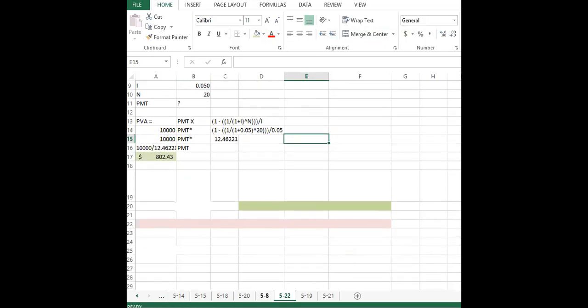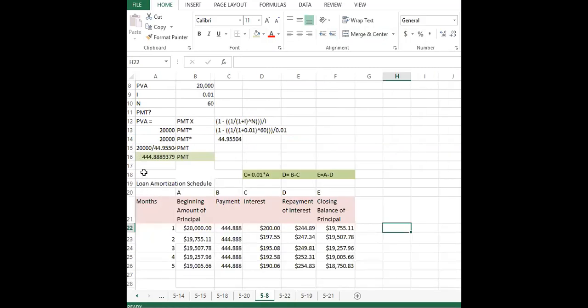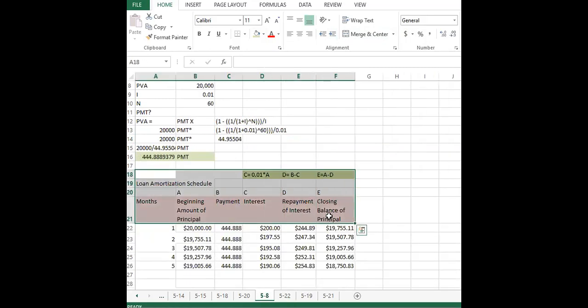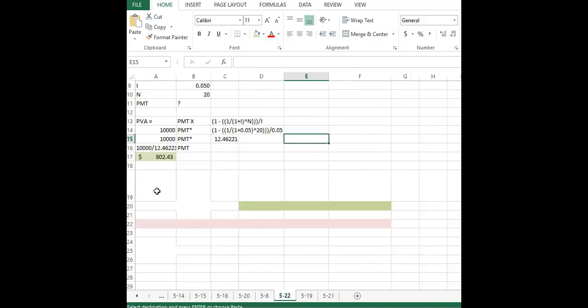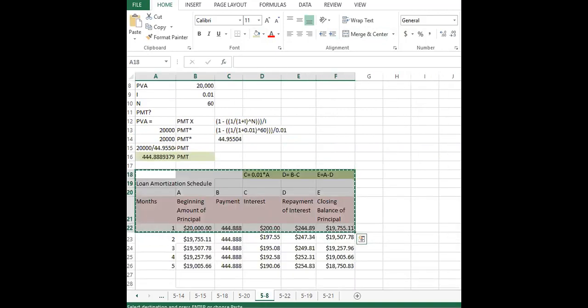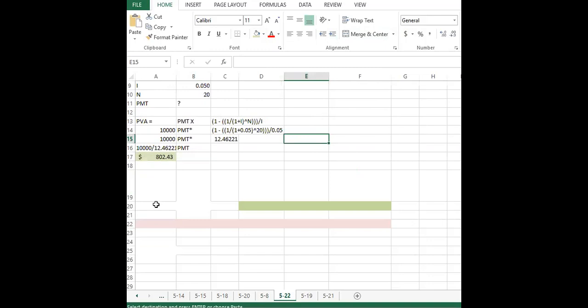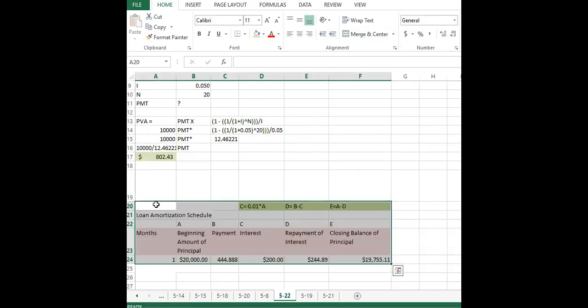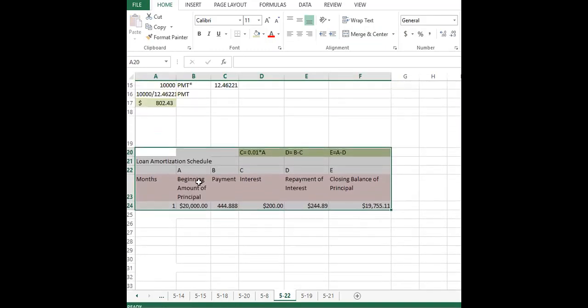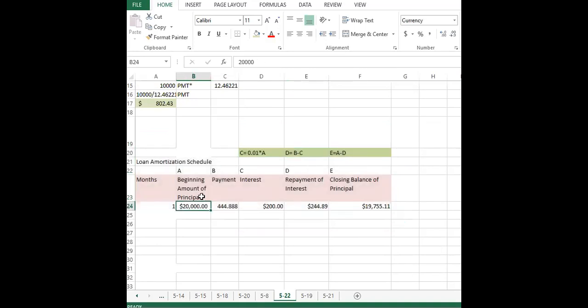So in the next step, we are going to prepare the loan amortization schedule again. Here we have 10,000 as a beginning amount.